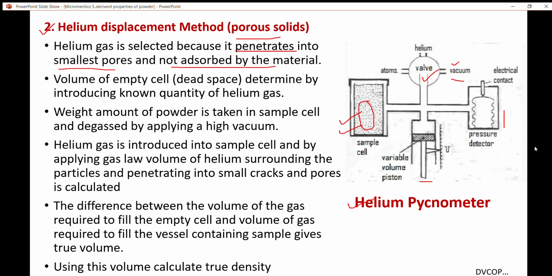Then helium gas is introduced into the sample cell, and by applying the gas law, the volume of helium surrounding the particles and penetrating into the small cracks and pores is calculated. The difference between the volume of gas required to fill the empty cell and the volume of gas required to fill the vessel containing the sample gives the true volume. By using this true volume, we can easily calculate the true density.